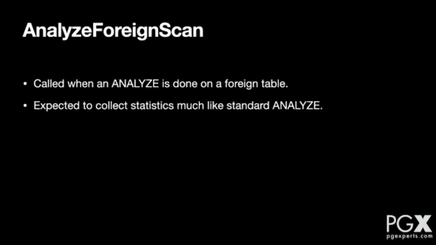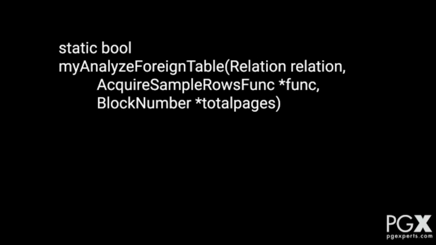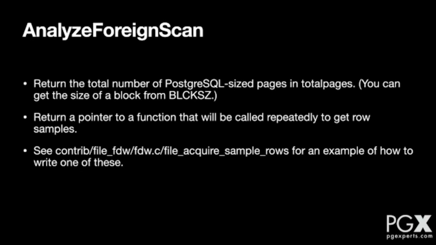There is an analyze foreign scan. If you implement this, you're kind of expected to do the same thing that a real analyze does on a real table. It passes in the relation, the table, and you're expected to fill in a function and the number of total pages. You return the Postgres size pages in total pages.